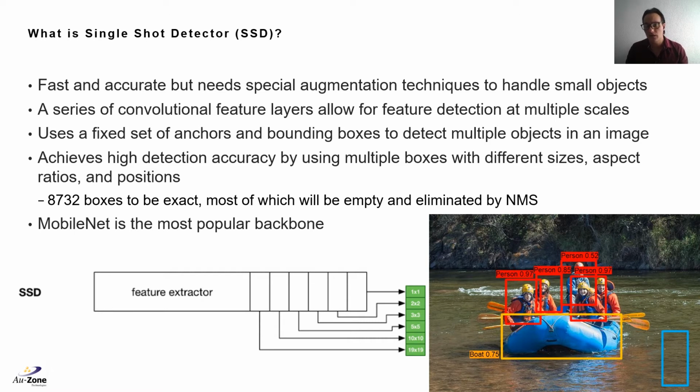As you saw in the previous slide, NMS is used to help reduce the unnecessary boxes from the prediction list. Think of it this way: every bounding box is associated with a list of labels, such as a person or a boat, and the probability scores. These scores are derived from the classifier part.